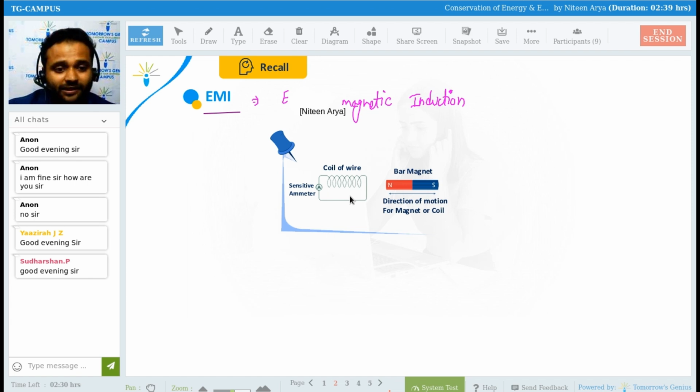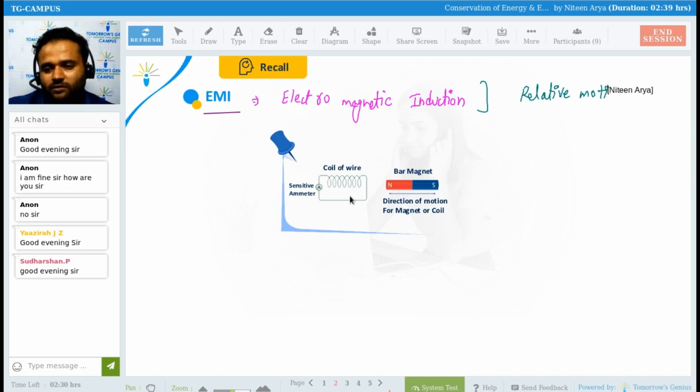The main thing here is relative motion. Relative motion in between the coil and magnet is necessary.